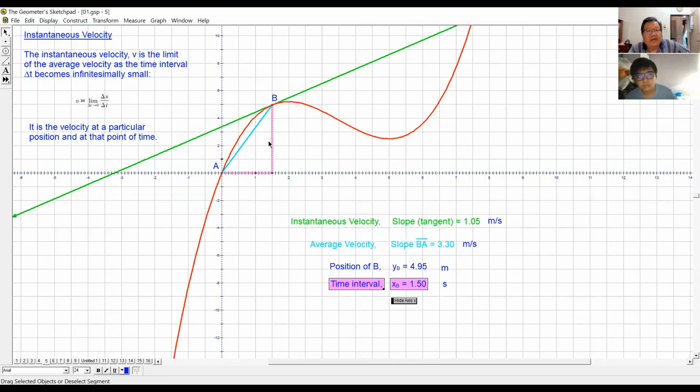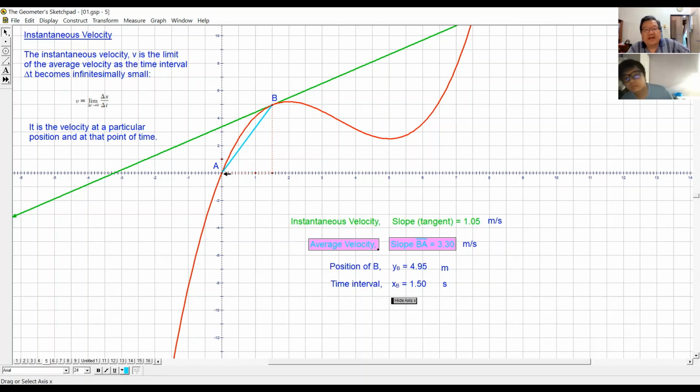So delta x over delta t, which is the slope of the blue line, is 3.3 meters per second. You use y divided by x. This is delta x over delta t, and this is the average velocity.